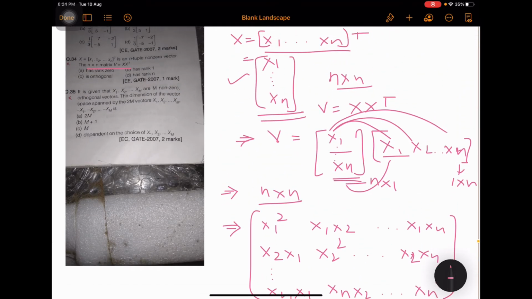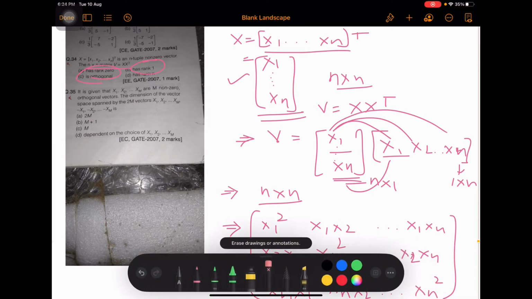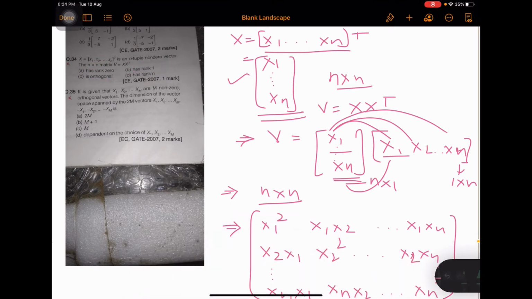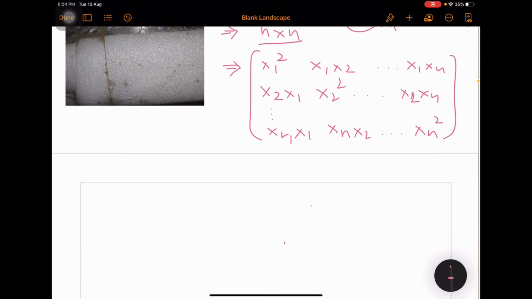So what is our question? Basically you have to find the rank. He is asking the rank in all the options. So how do we find the rank? First of all we try to find the determinant.